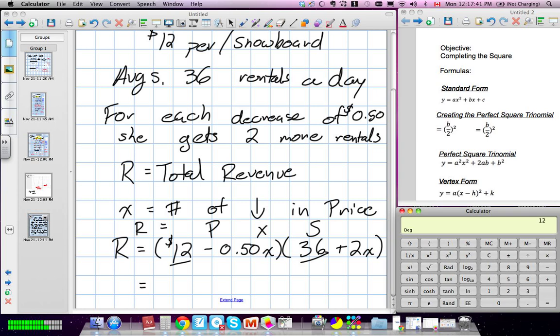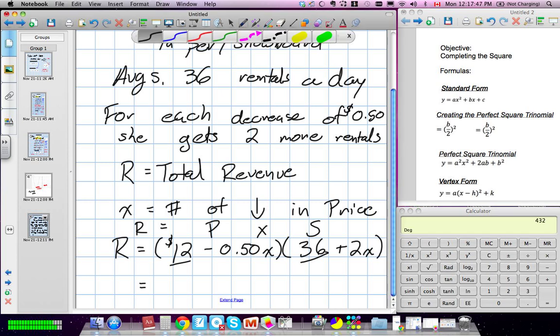Then outside terms: 12 times 2x gives us 24x. Negative 0.5x times 36 is negative 18x.